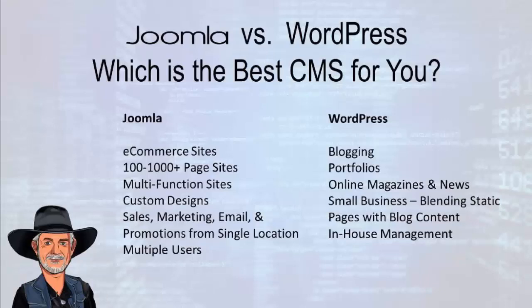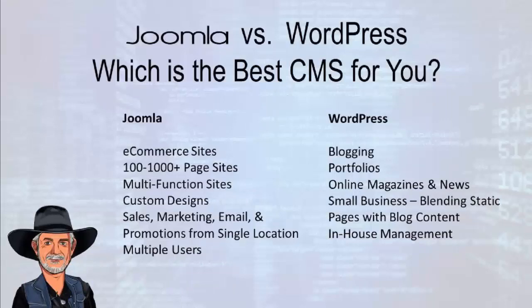And so you see, if you're just a small business and you want to have a home page and a blog and a contact us, you can probably get by with WordPress. But if you're going to be going out and creating an online presence and selling an e-commerce store, and you want to incorporate a variety of different features, then Joomla just might be the right fit for you.